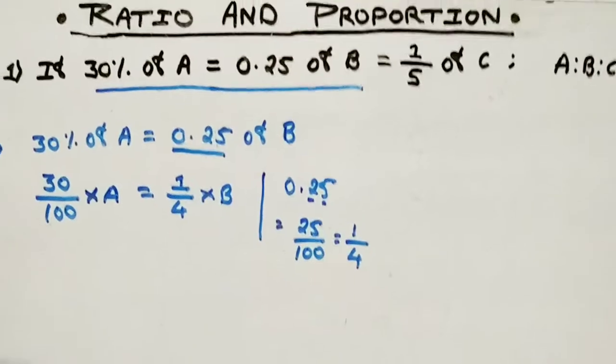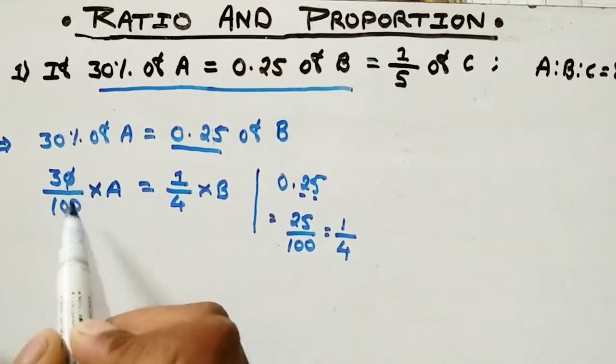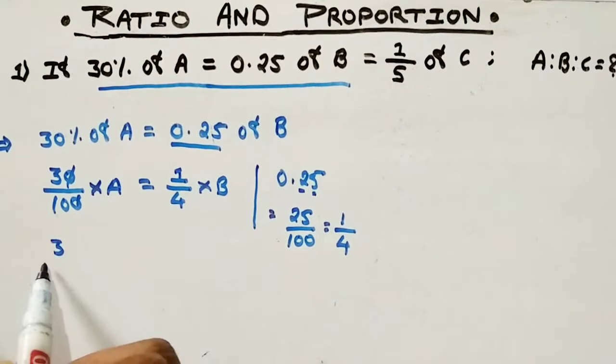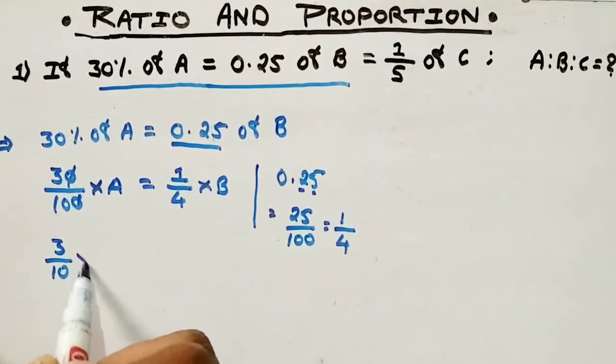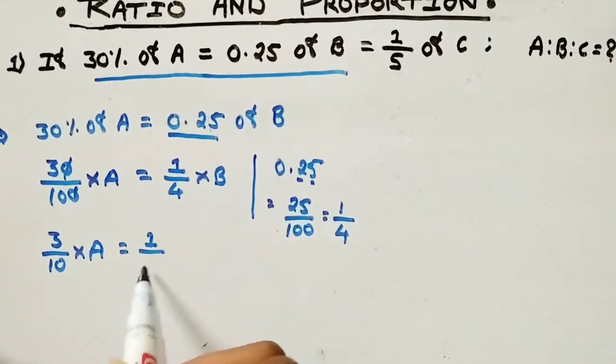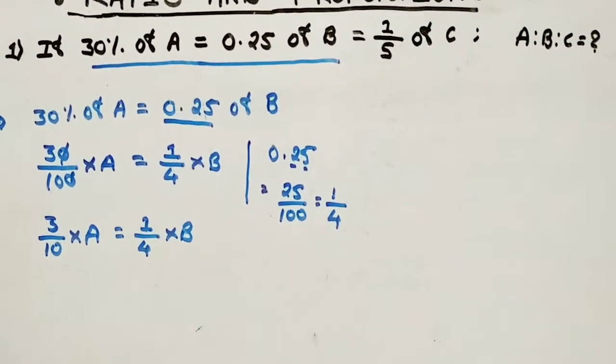Clear? So here the zeros cancel out, and we get 3 by 10 into A is equal to 1 by 4 into B.